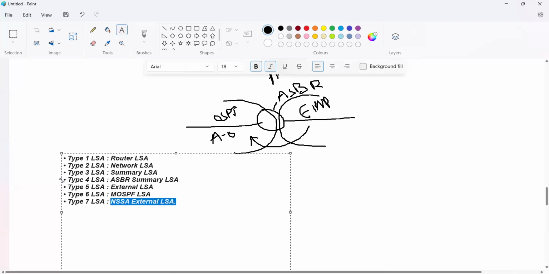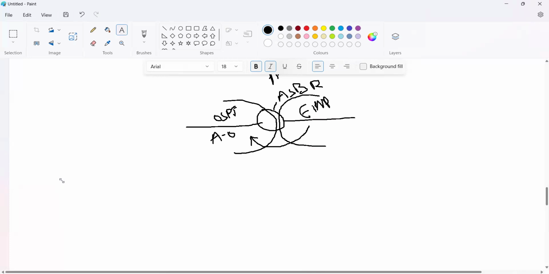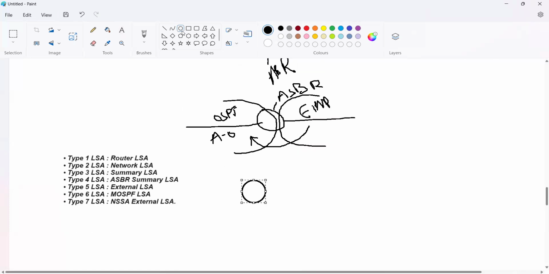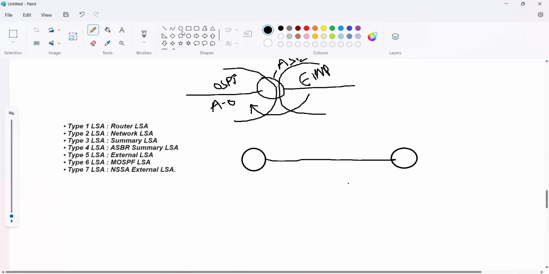So what does router LSA mean? Router A and router B, in between we configure OSPF. This router has some information, whichever has the OSPF information.